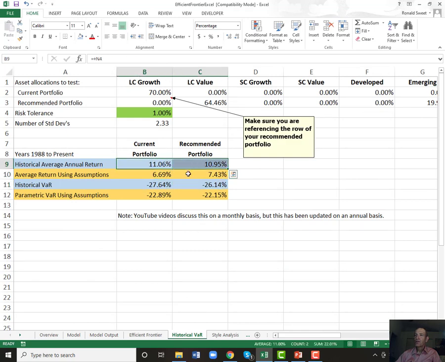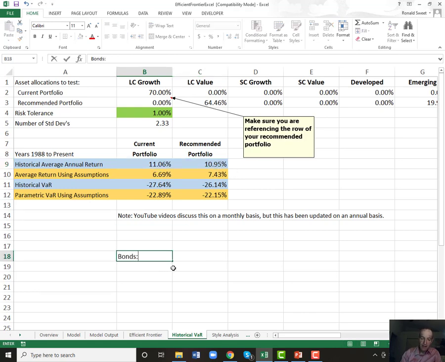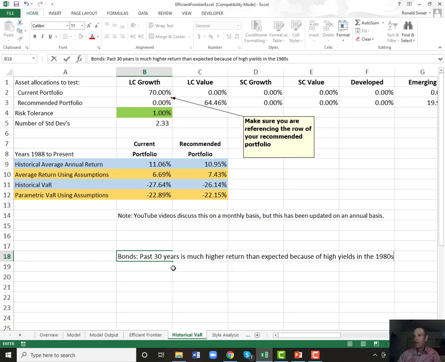Historical is using historical numbers. One thing we know with bonds, the past 30 years has had a much higher return than expected. Why? Because of the high yields in the 1980s. That's kind of a huge impact.